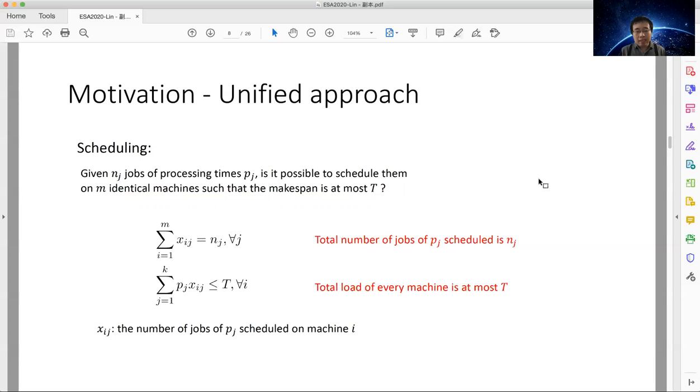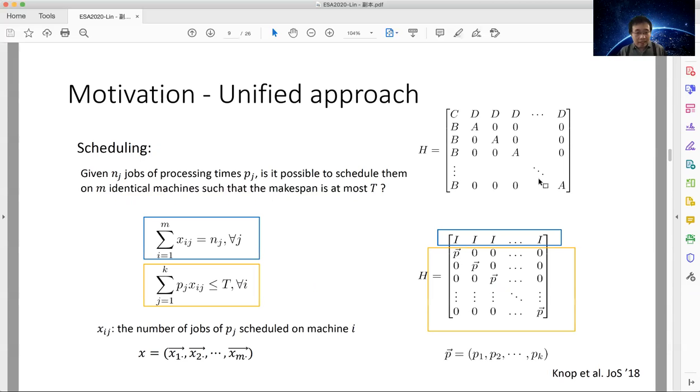As you can see here, the first set of constraints tells you that the total number of jobs of processing time p_j, among all the machines, must equal the total number of jobs you have, which is n_j. And the second set of constraints basically says that if you consider the total processing time of jobs scheduled on machine i, it should be at most T. So this is the most straightforward way of establishing an integer program.